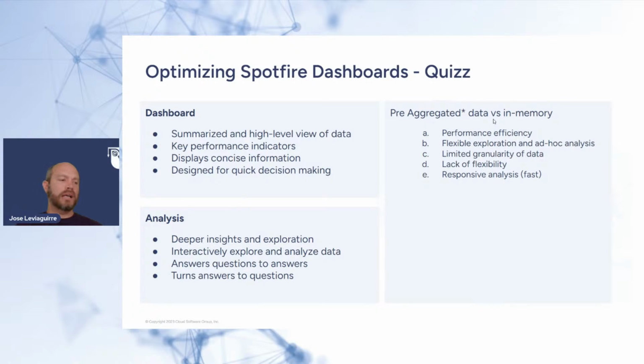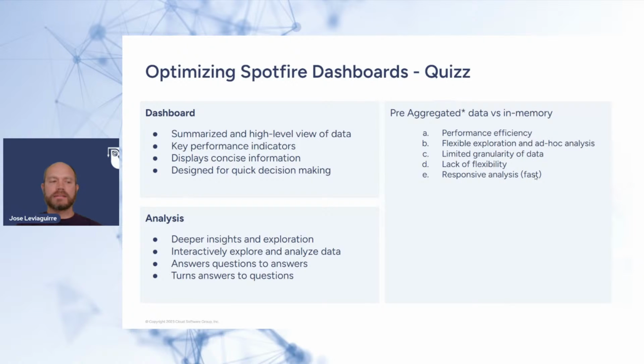Again, the same exercise. There are 2 that are in memory. Which of these 2 are in memory? Performance efficiency, is that pre-aggregated data or in memory? Flexible exploration and ad hoc analysis. Limited granularity of the data. Lack of flexibility. Responsive analysis.